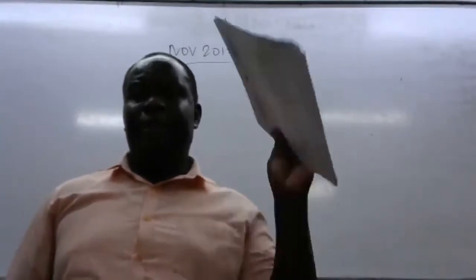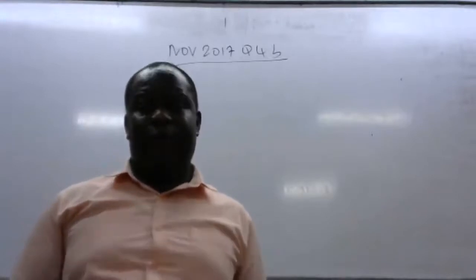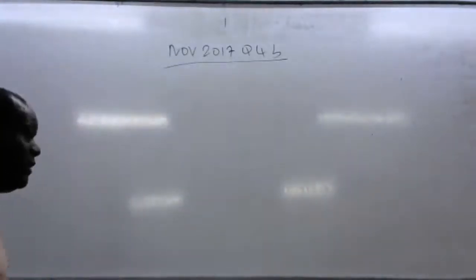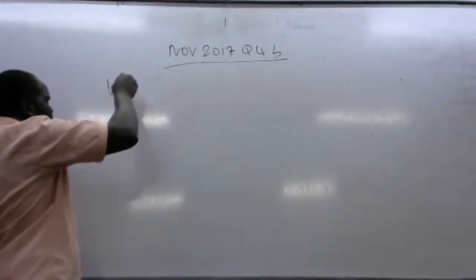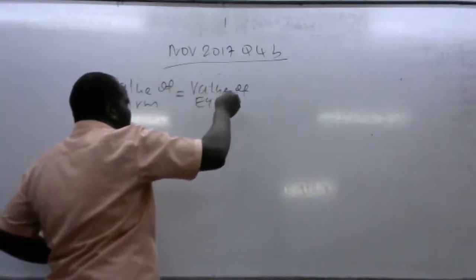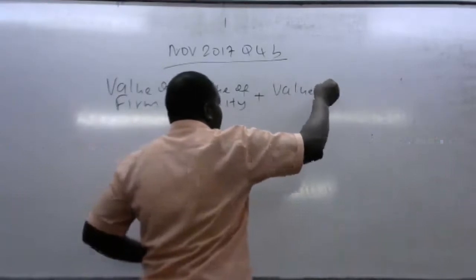But first, we need to know the value of the two companies before we determine which one is overvalued and which one is undervalued. So the value of the firm should be given by value of equity, then we add value of debt.